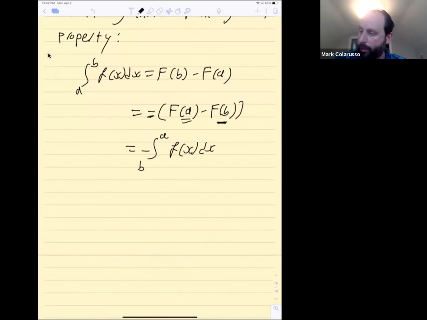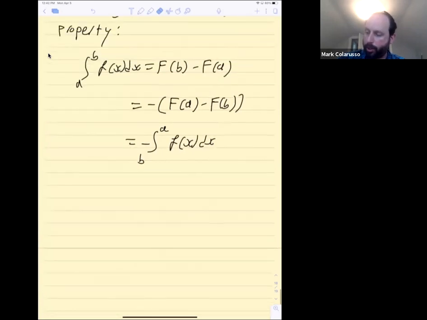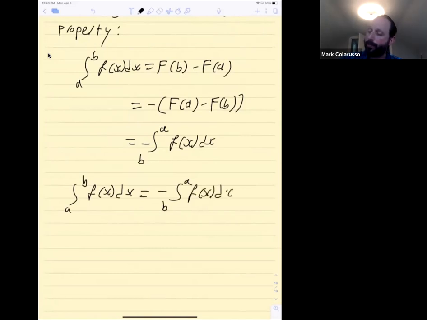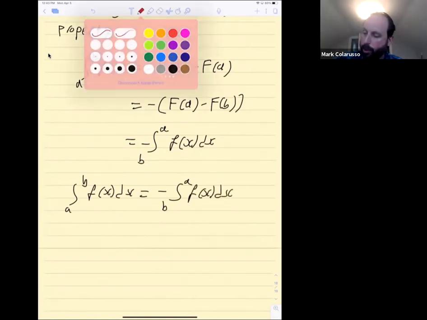So if you switch the bottom and top limits of integration, you have to introduce a negative sign. This is the switching limits property.